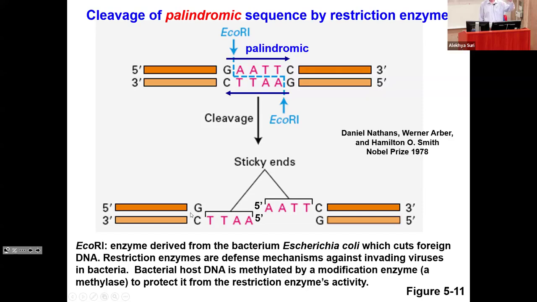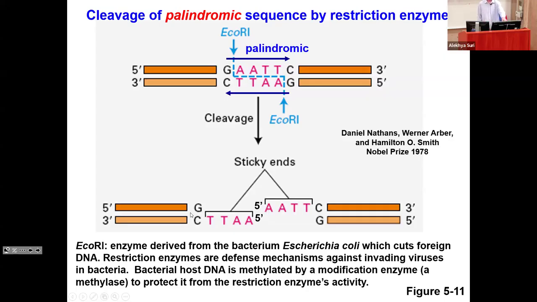You may remember from gene expression that you can have methylated DNA, and in this case there are methyl groups on the bacterial chromosome. So this EcoRI enzyme will not digest its own DNA, only foreign DNA.